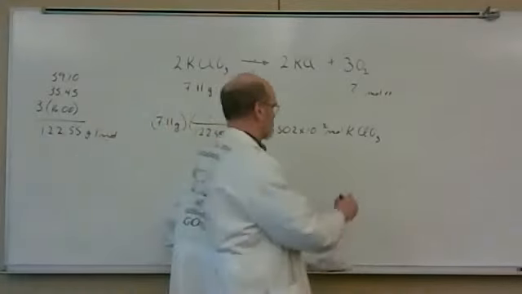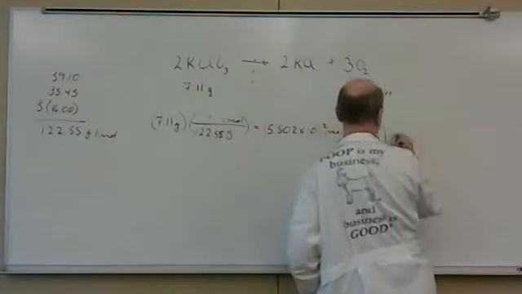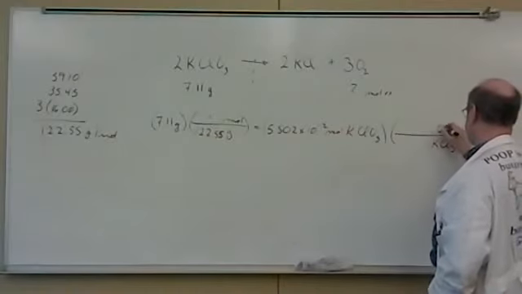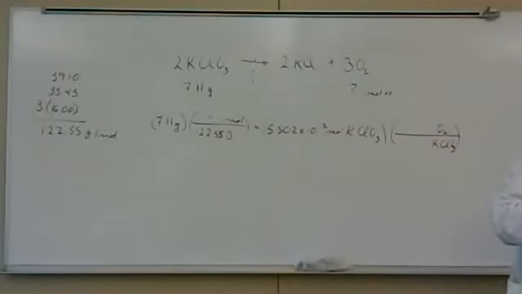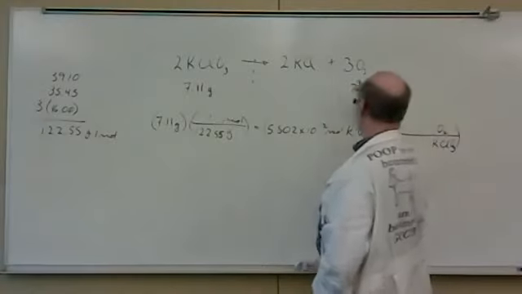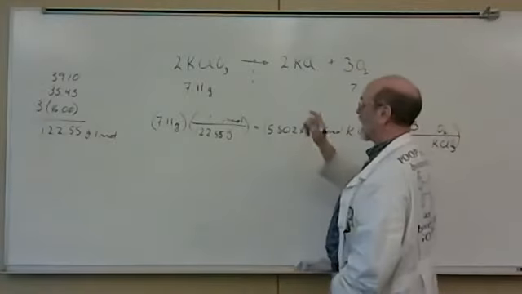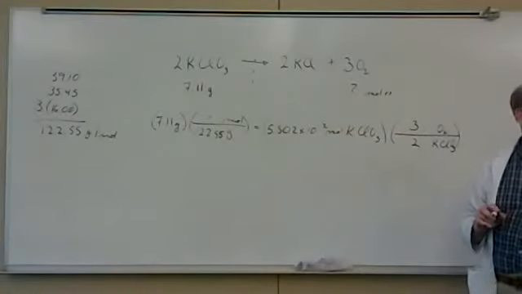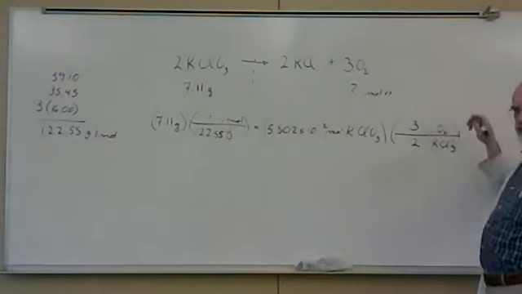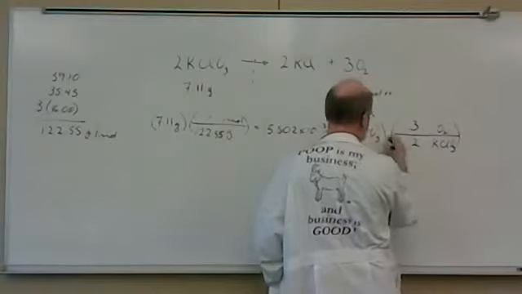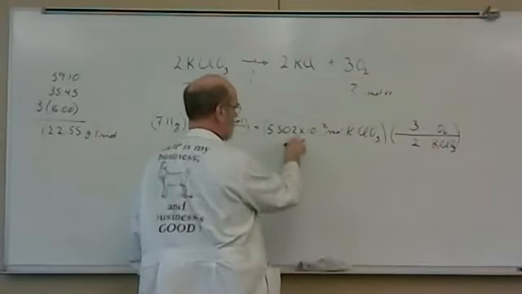So what's the magic conversion factor for this one? Coefficients. Your balanced equation tells you the stoichiometric ratio. So you've got 3 oxygens and 2 potassium chlorate. Right? I could write moles in there, but they're canceled anyway. So that cancels this one, and you say 3 times this divided by 2.